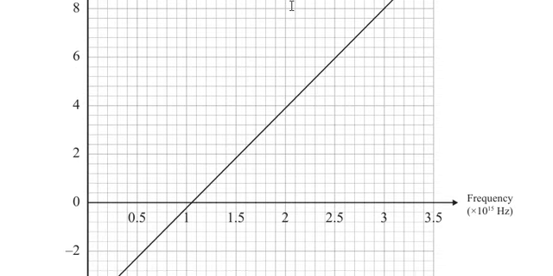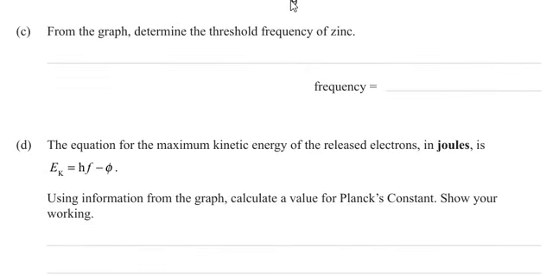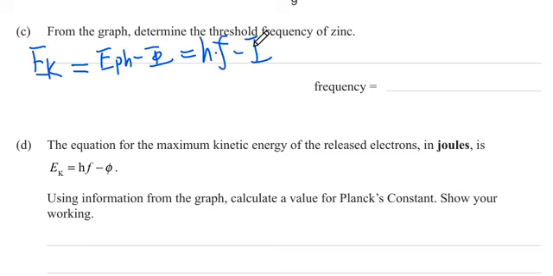Now we want to read this graph of EK and F. EK is going to be equal to E photon minus phi. It is going to be hf minus phi.